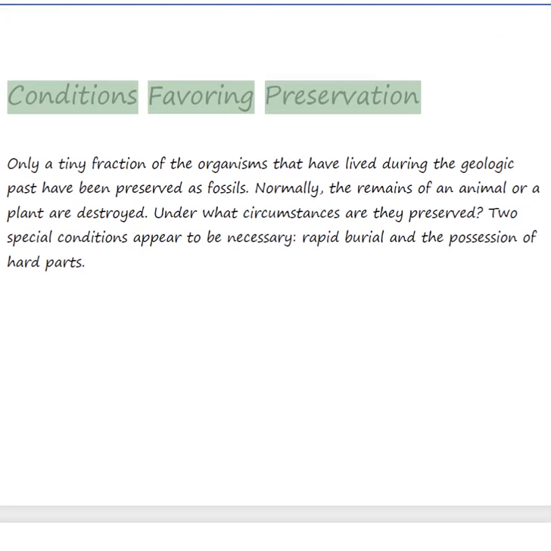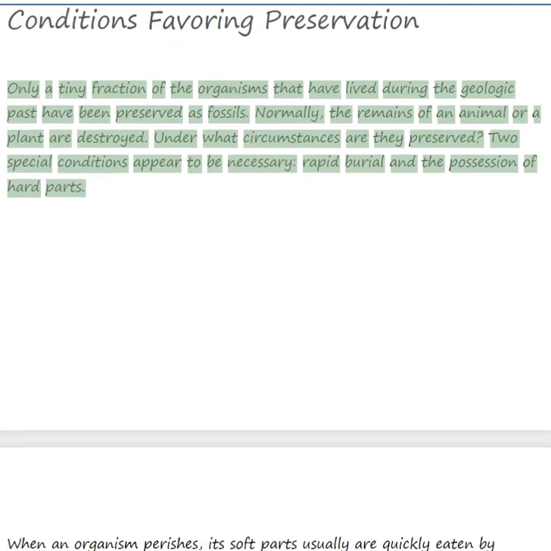Conditions favoring preservation. Only a tiny fraction of the organisms that have lived during the geologic past have been preserved as fossils. Normally, the remains of an animal or a plant are destroyed. Under what circumstances are they preserved? Two special conditions appear to be necessary: rapid burial and the possession of hard parts.